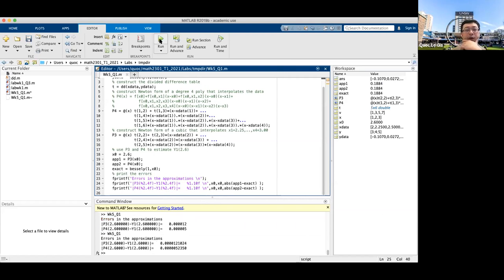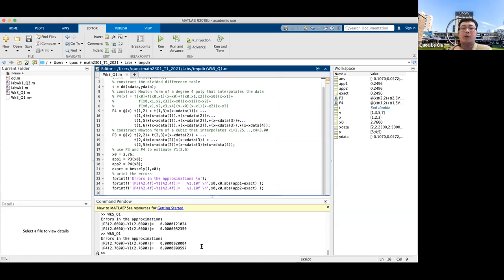Then I run it again. You see, it's a little bit nicer, and you can see that P4 has a smaller error than P3. You can change this to 2.76, run it again, and you get other errors.